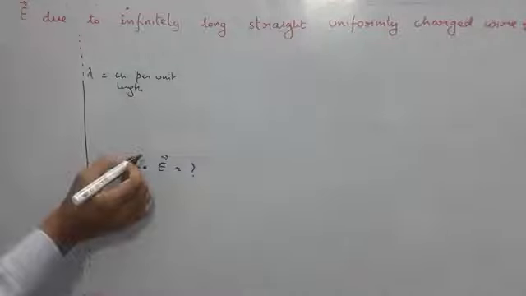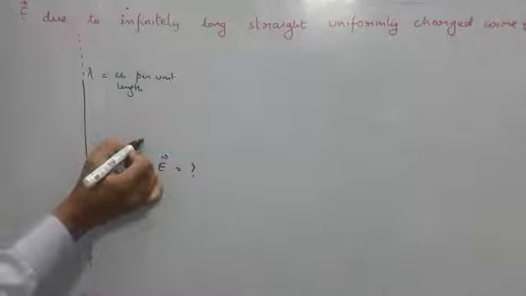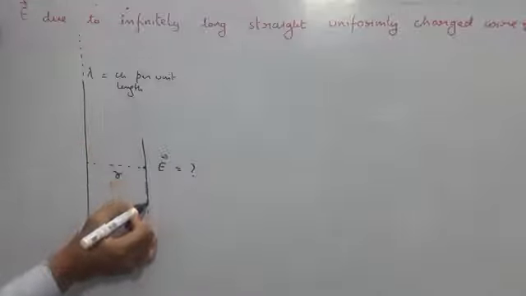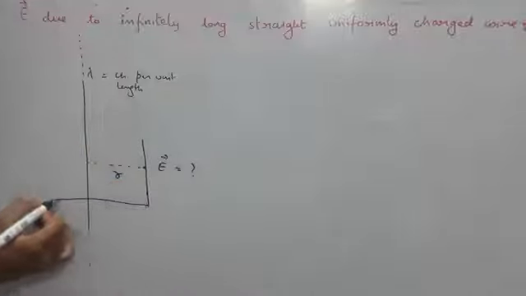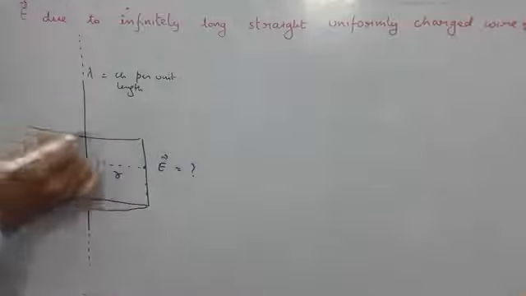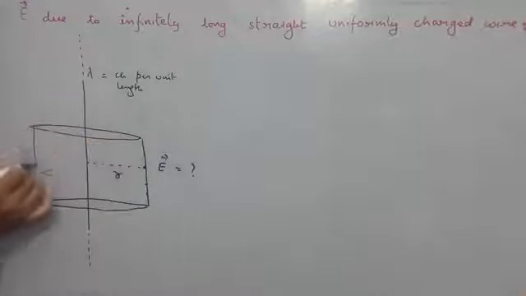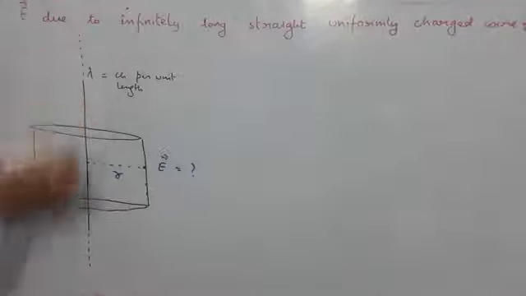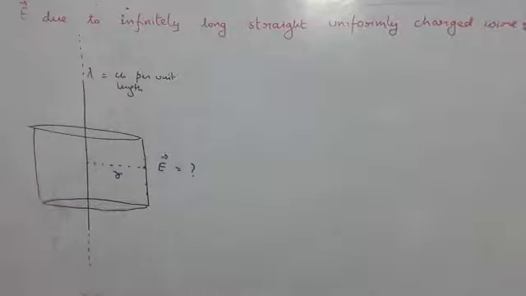That gives us the hint that we construct an imaginary surface in the form of a cylinder like so, at the axis of which lies that line of charge.